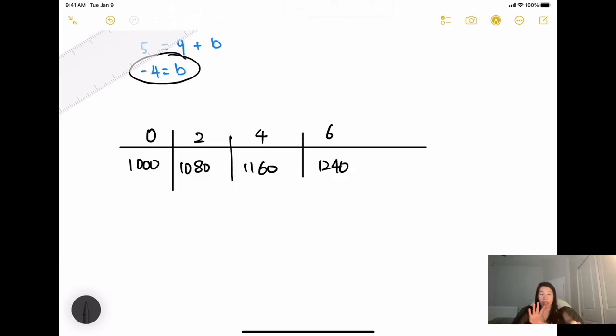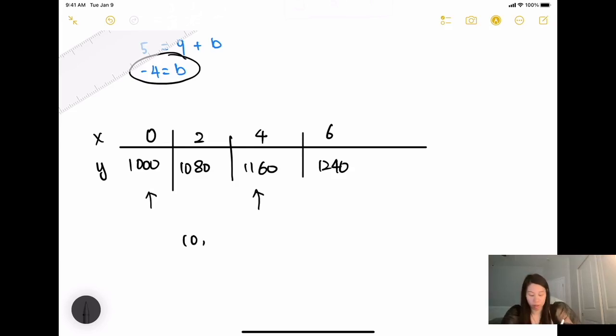You can use any given pair because you know that the top represents input, the bottom represents output, so every column is an ordered pair. You can choose whatever pair you like. For me, I'm just randomly choosing these two.